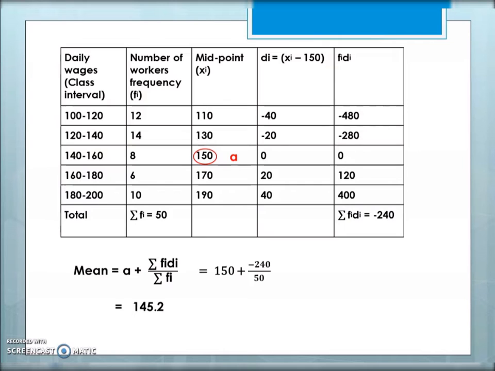It will be A plus sigma fi ui by sigma fi into h. Because you have divided by h, you will multiply by h. So there won't be much difference in answer, but the method will become a little more simpler. It will be easy for you to calculate. That is why that method was used.